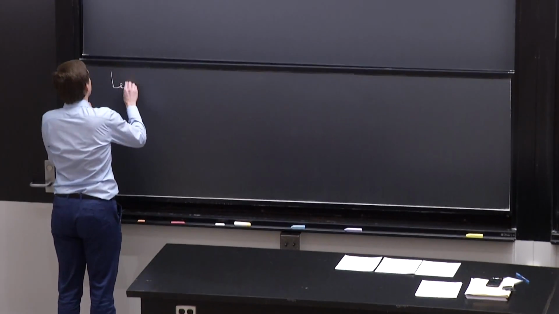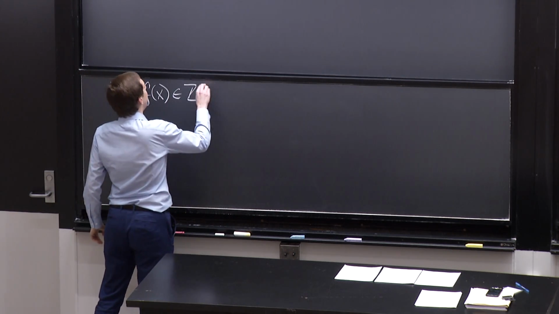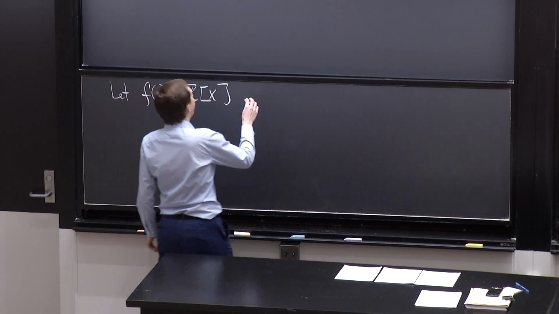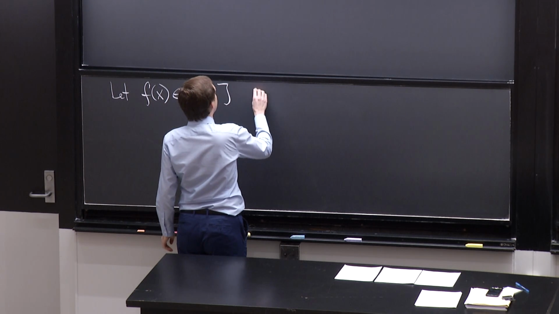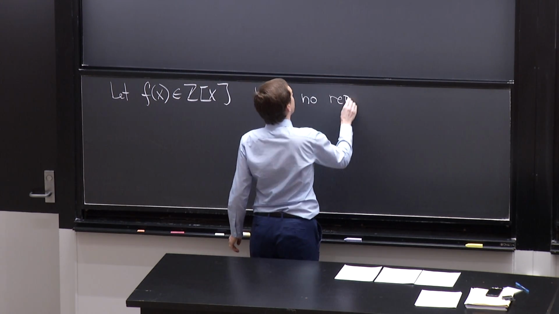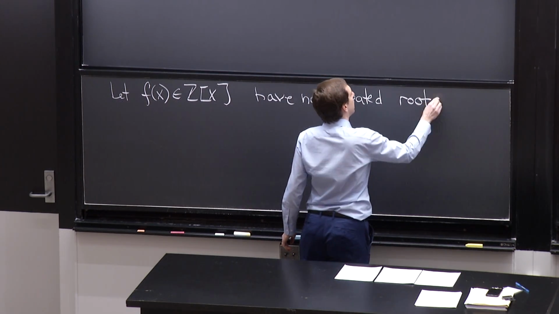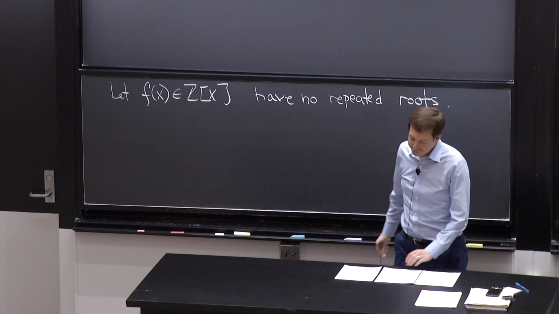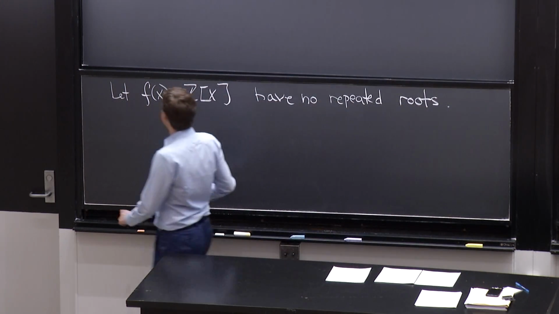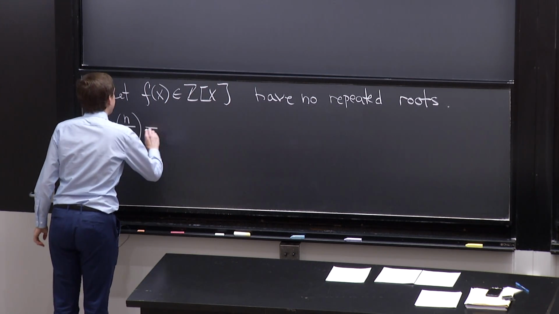So let's start by taking a polynomial with integer coefficients with no repeated roots. First, I'd also like to define the quadratic residue symbol, (n/p).